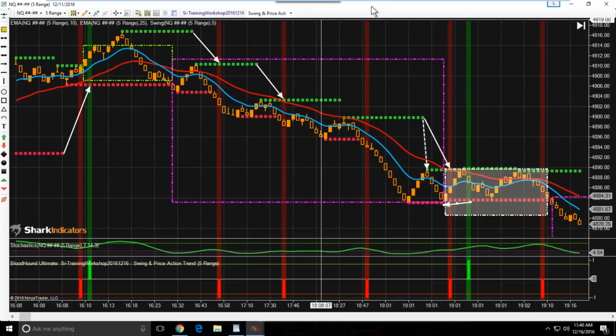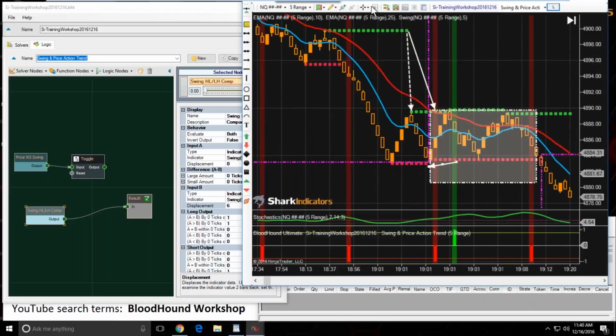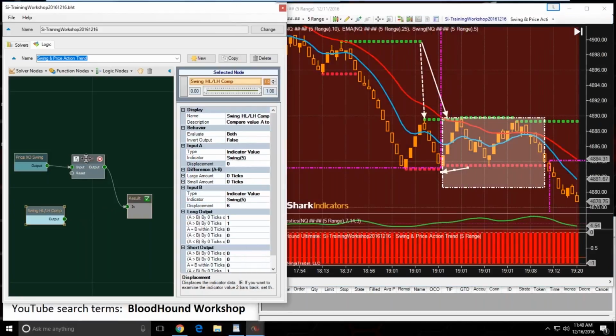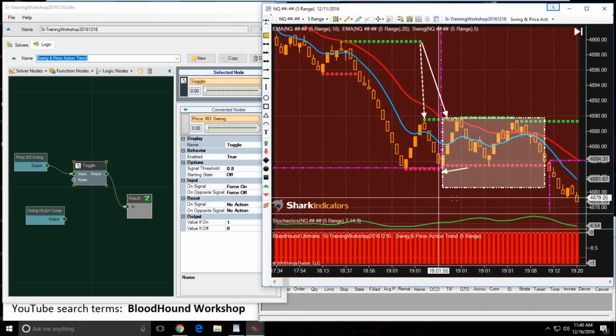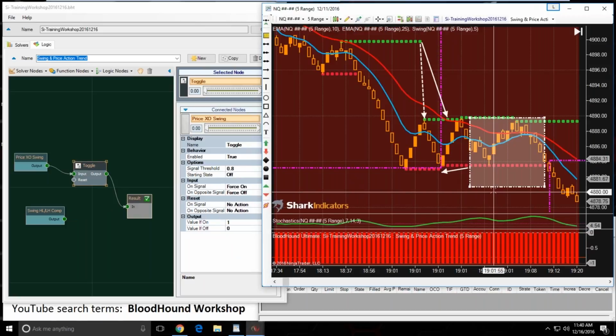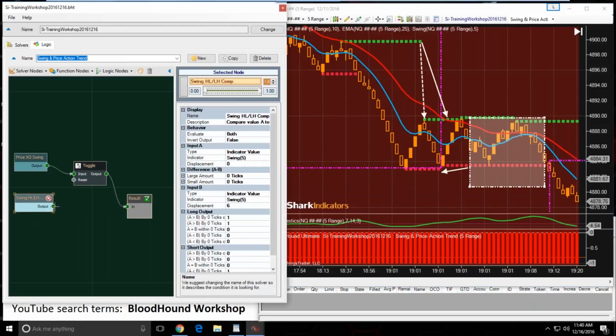So now what we need to do is use that to turn the toggle node off, right? So we want to turn the toggle node off in this area here, right? So we want to get that toggle node turned off when a consolidation state has been identified.